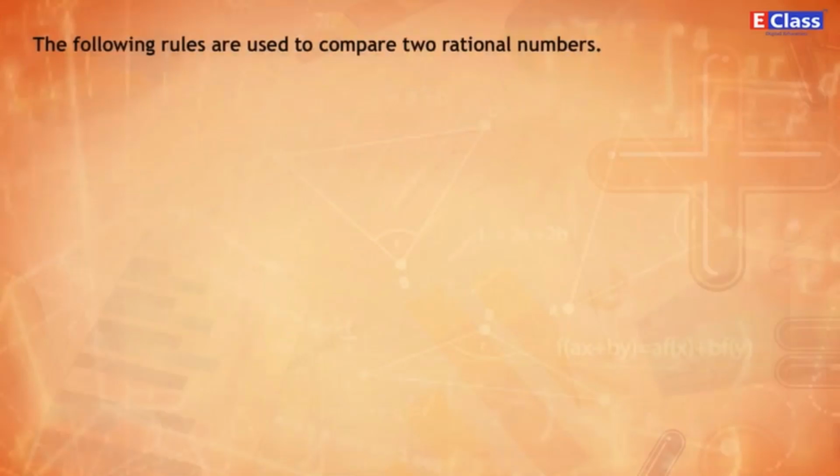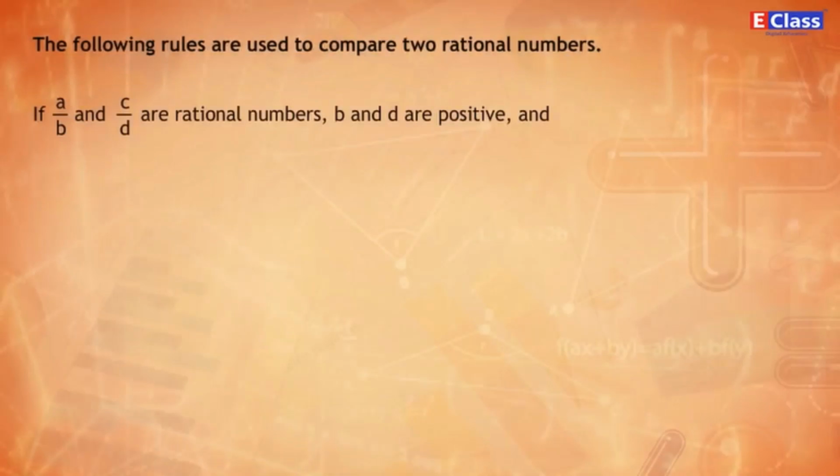The following rules are used to compare two rational numbers. If A by B and C by D are rational numbers such that B and D are positive: 1. If A multiplied by D is less than B multiplied by C, then A by B is less than C by D. 2.